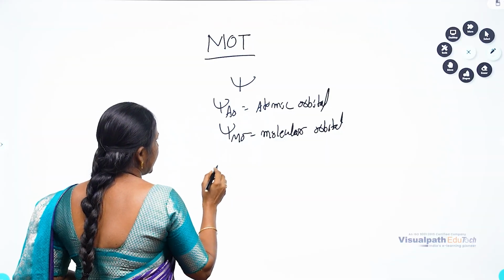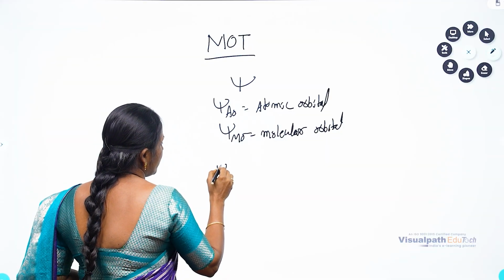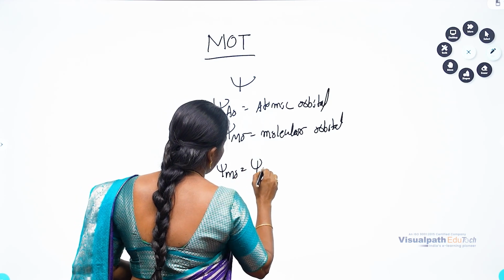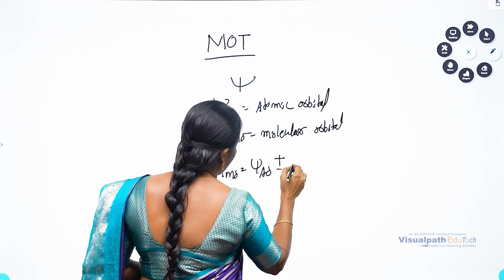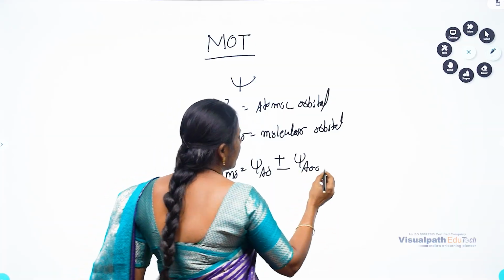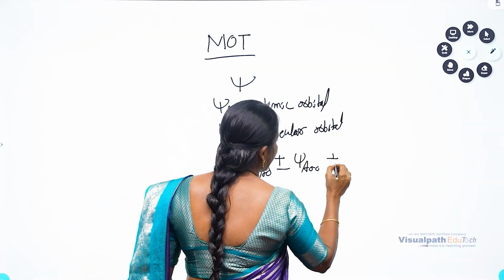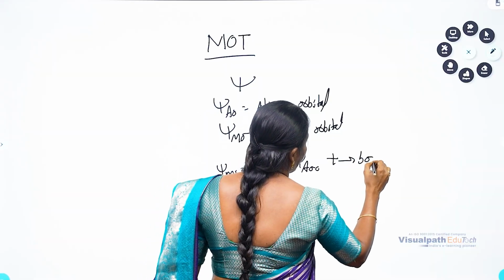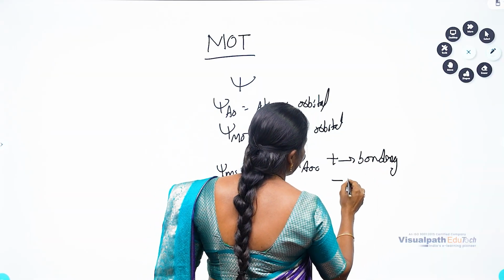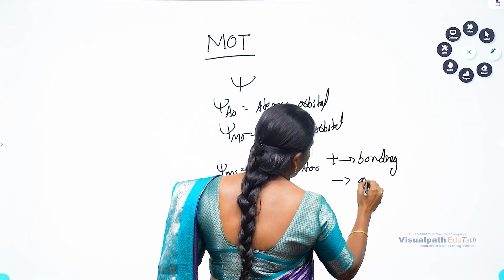Psi molecular orbital is equal to psi atomic orbital plus or minus atomic orbital. Generally, this plus sign indicates the bonding orbital. The minus sign indicates the anti-bonding orbital.